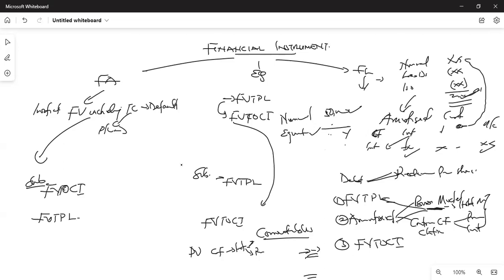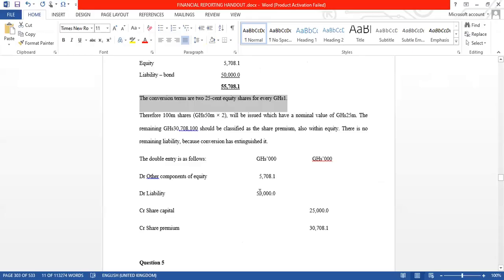Okay, so what you're going to do is that you need to now split that figure into share premium and stated capital. All right. It's a premium because what you will be receiving will be on top of what you normally receive as your stated capital. So you go through and do the component of your stated capital. In this case, where we did this scenario, they were buying it at 25 pesos for every 1 Ghana cedi share.